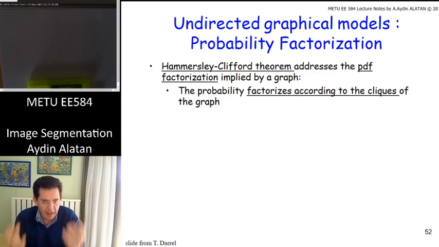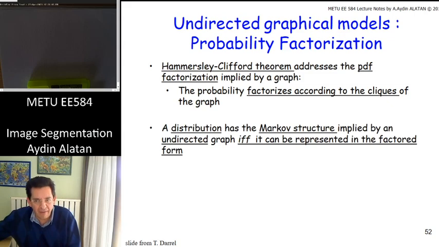Factorized means multiplied in simple terms. These can be factorized as cliques of a graph. Okay. Therefore, what I'm saying is this: I have a graph, and there are some cliques inside it, and I am just writing the joint probability in terms of the cliques of this graph.